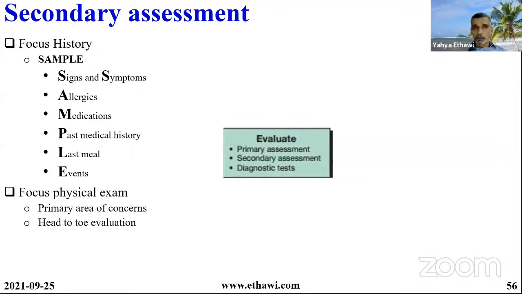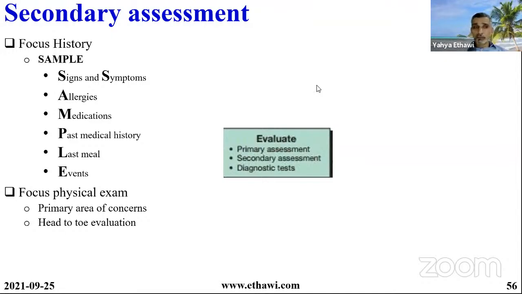After the primary assessment, you identify if there is a life-threatening condition and treat it, or you treat the ABCs when you don't know what is going on. You know that there is something wrong, but you're not sure what it is.